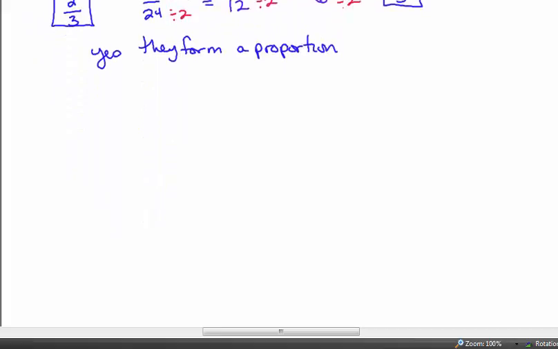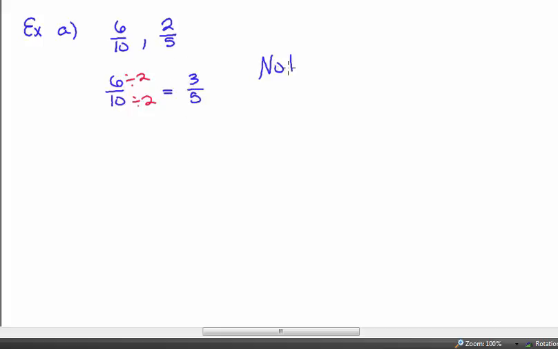Okay, let's try a couple more. 6/10 and 2/5. Well, 2/5 is already simplified, so we need to reduce 6/10, which again, they're both even, so I can divide by 2. And when I divide by 2, I get 3/5. 3/5 and 2/5 are not equal, so they are not a proportion.